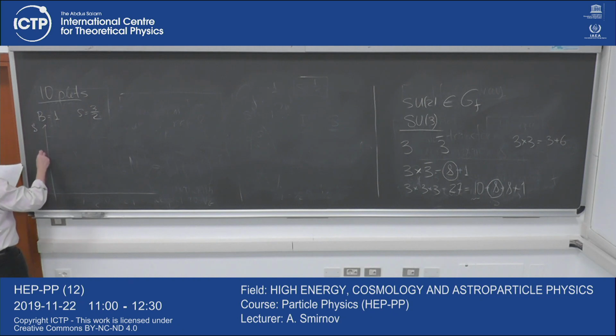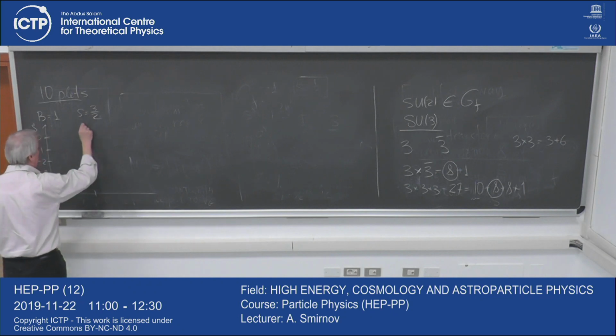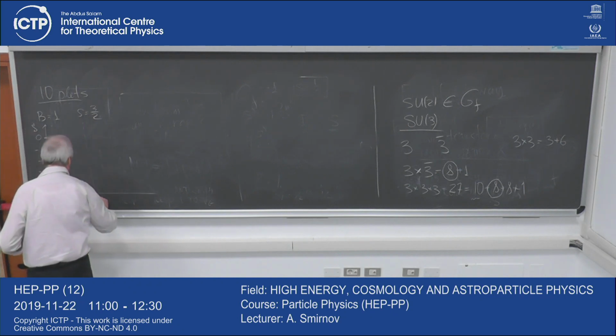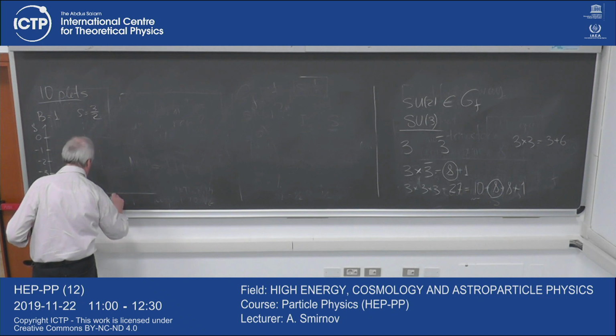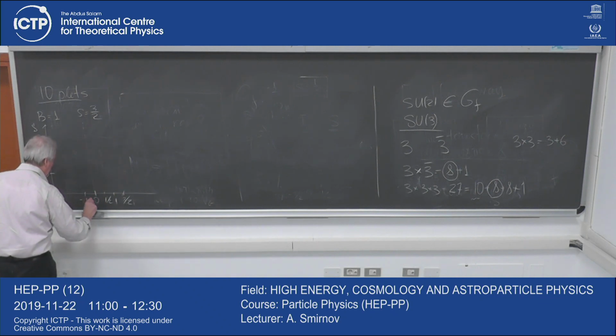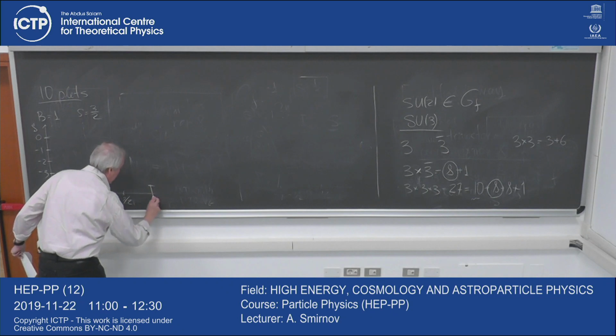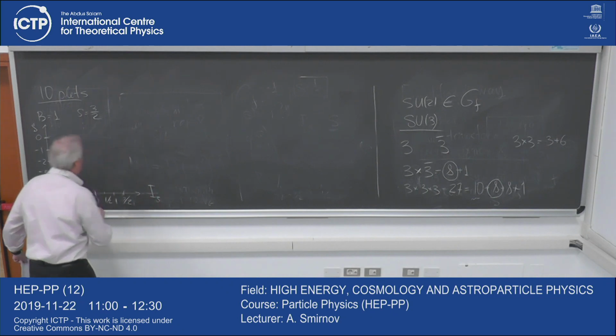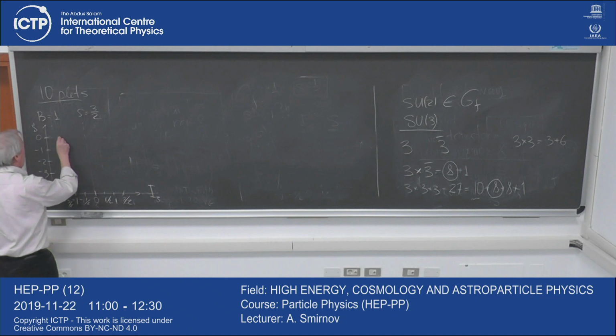Strangeness 0, -1, isospin 0, 1/2, 1, 3/2, minus 1, minus 3/2. So this is isospin, the third projection of isospin.